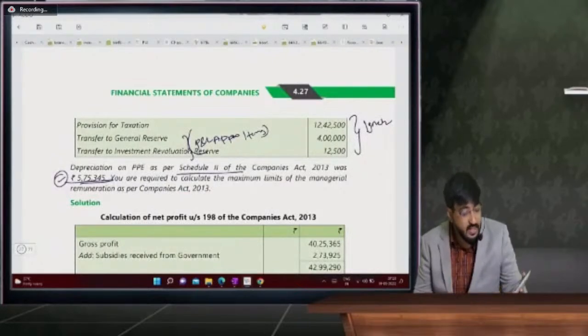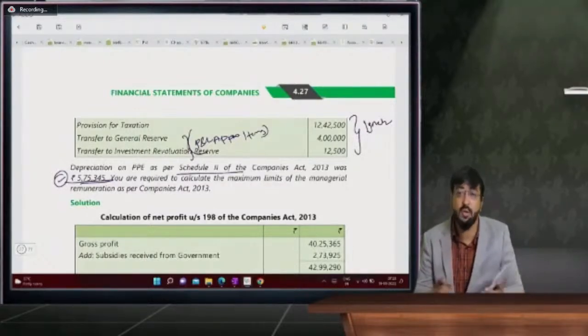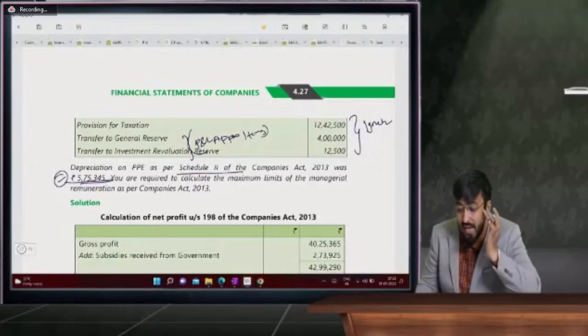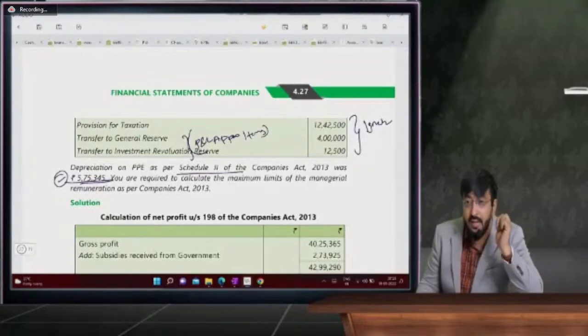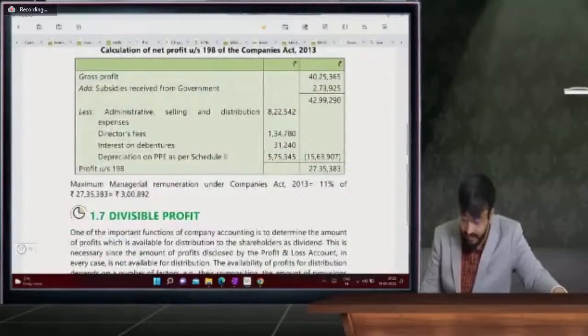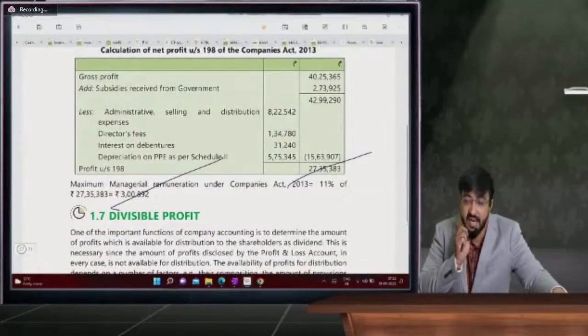So we are getting the answer, sir, 27,35,383. On that, we are going to consider 11%. That amount is 3,0892. So the answer is 3,0892, 11% on this. So let's check the answer. Yes, sir. Correct answer.